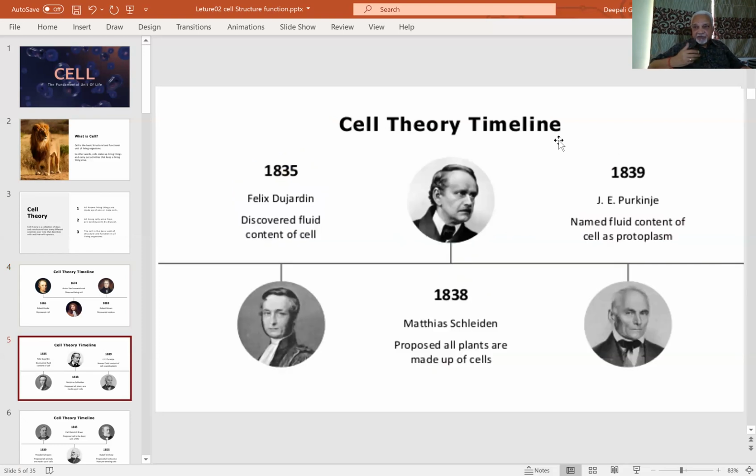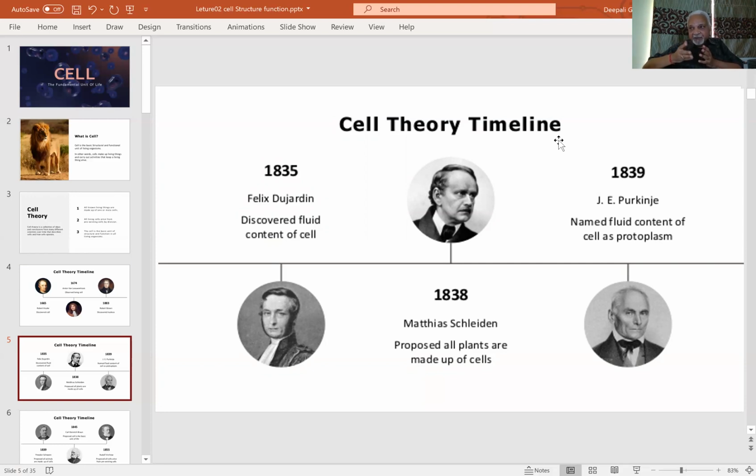Subsequently, within the cell, a fluid-like structure was discovered by Dujardin in 1835. Very interestingly, Schleiden was the first one to look at plants and propose that all plants are made up of cells.